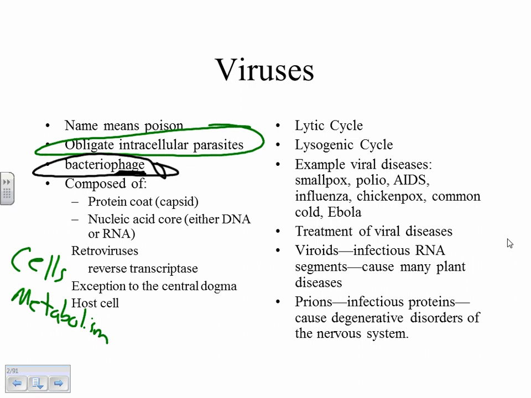Bacteriophages are viruses that attack bacteria. Even bacteria can get sick. Bacteriophages are viruses that attack bacteria. It's one of the most simple types of viruses that we know of. Like most viruses, they have a protein coat, the capsid, and they have either the DNA or the RNA.